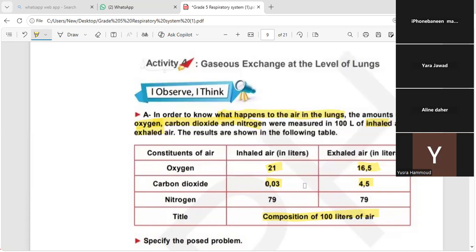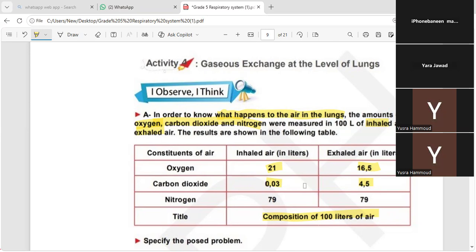From where does it come? The air around us, if it's not polluted, has 0.03, a very small amount of carbon dioxide. But when it leaves our body, the exhaled air is rich in carbon dioxide. It becomes 4.5 liters in 100, a very big amount.